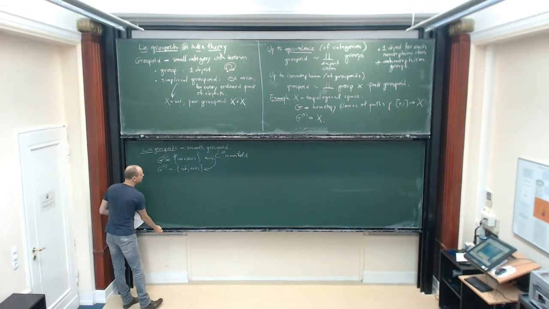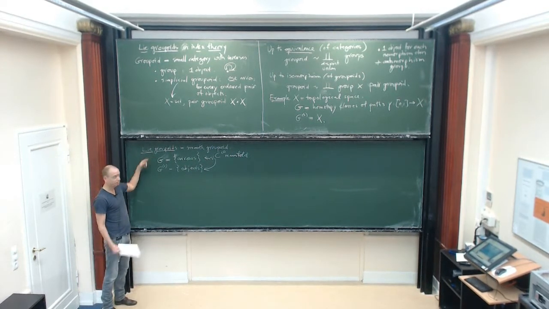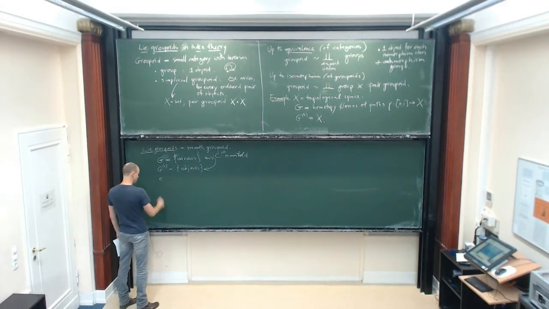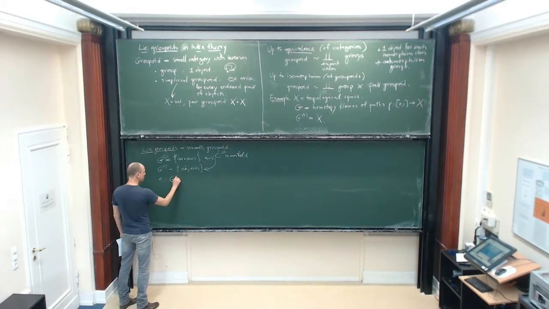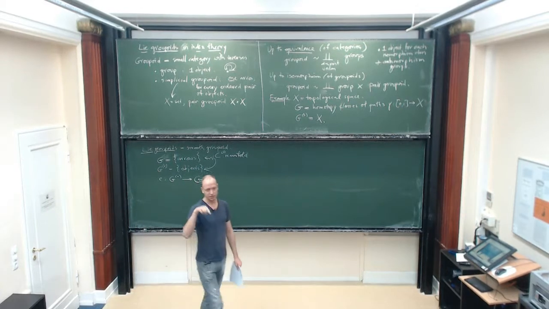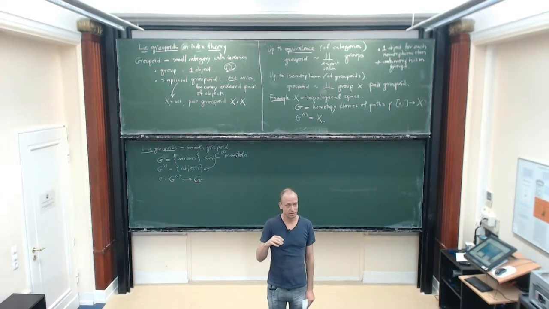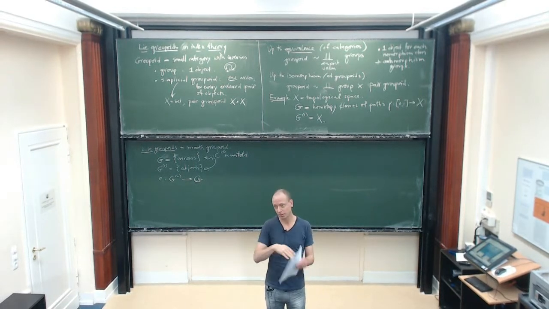And also, a lot of groupoid people actually identify the object space as a subset of the space of arrows by identifying each object with its identity morphism, its unit, and you just identify that element with the object.